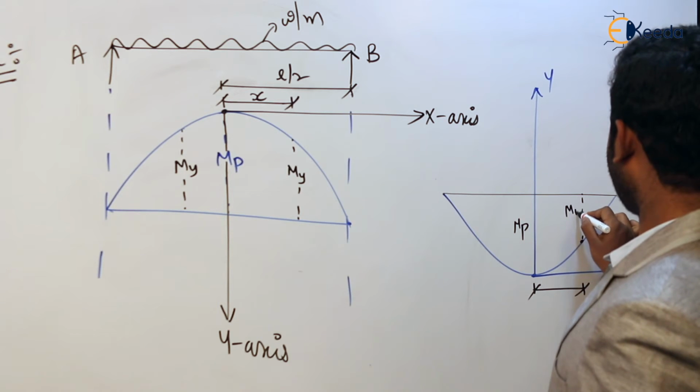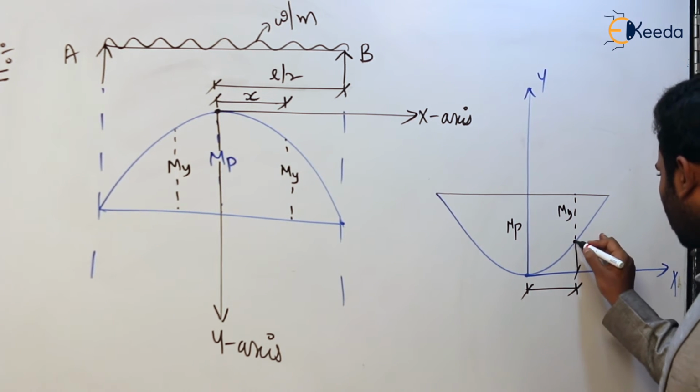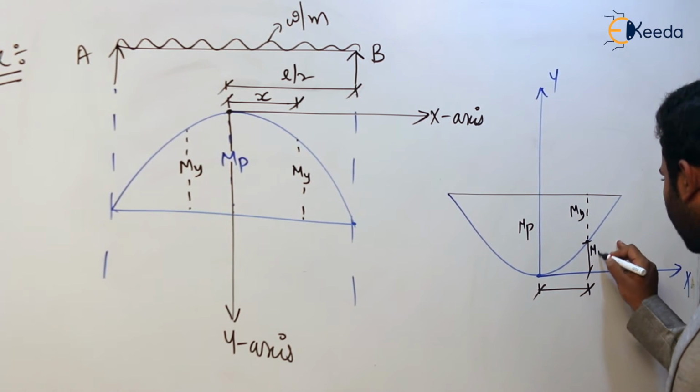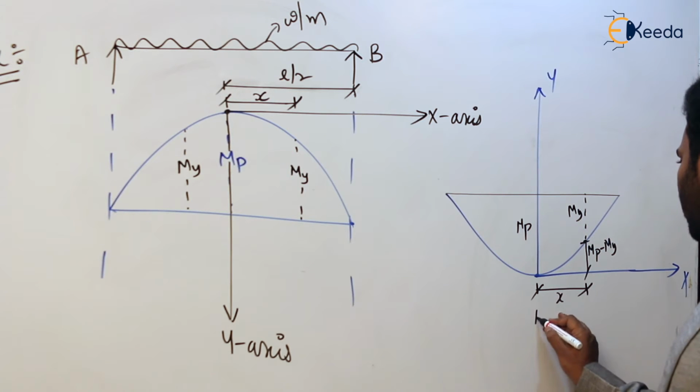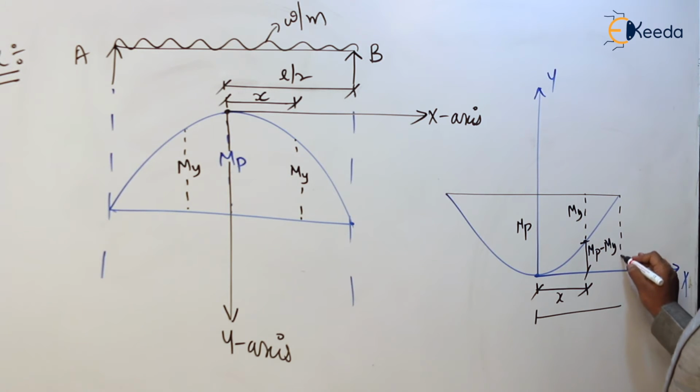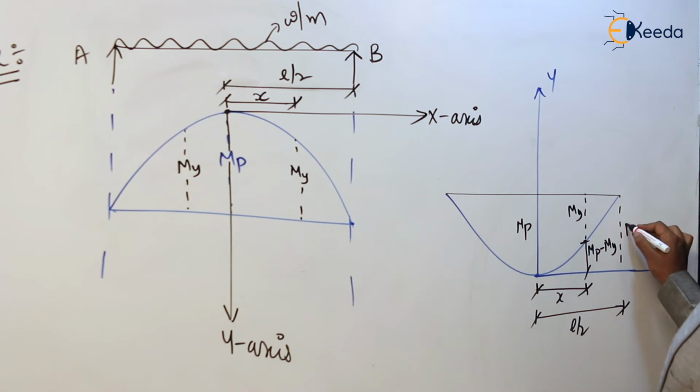So how much is this value? This value is MP minus My. Yes or no? At a distance x. Now at a distance of L/2, how much is this?